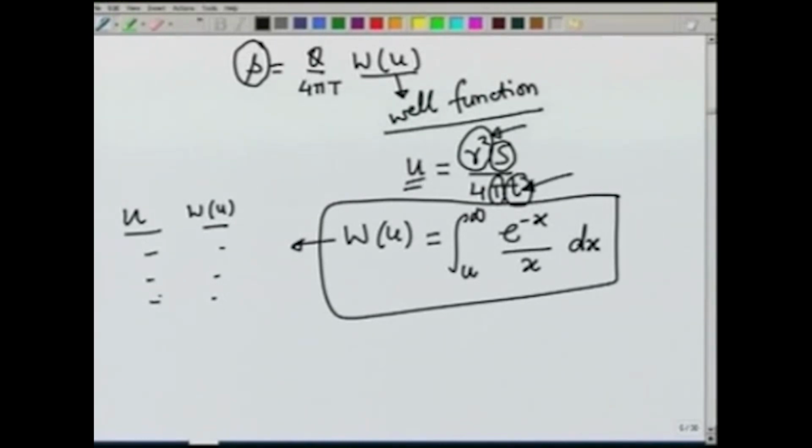Then from this table, for a given value of u, we may need to interpolate the values here, or you can directly get the value from this table. Sometimes we prepare a curve also, and from that curve we can obtain the value of W(u).